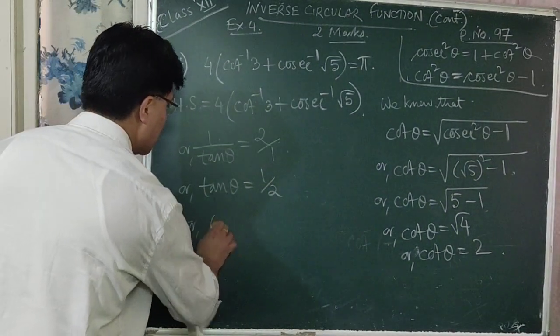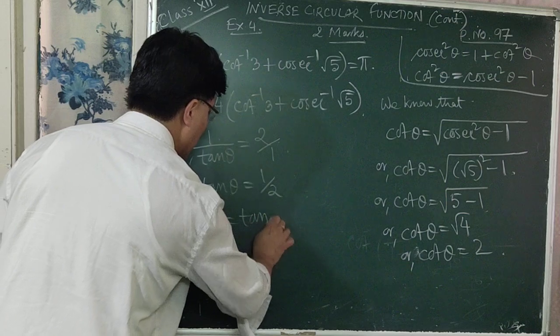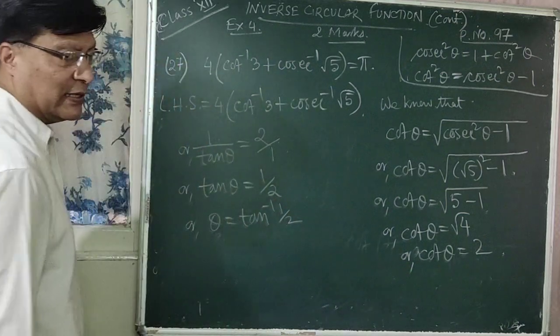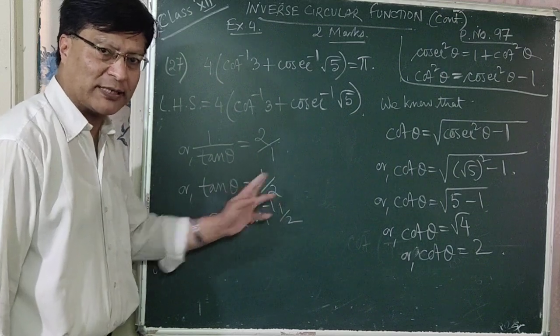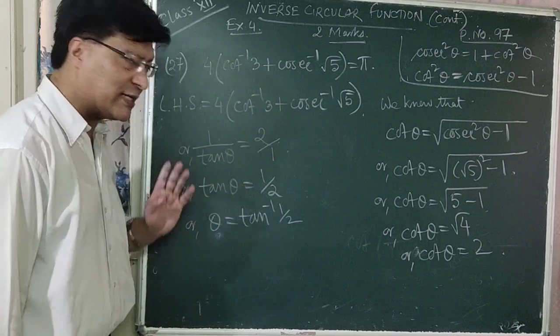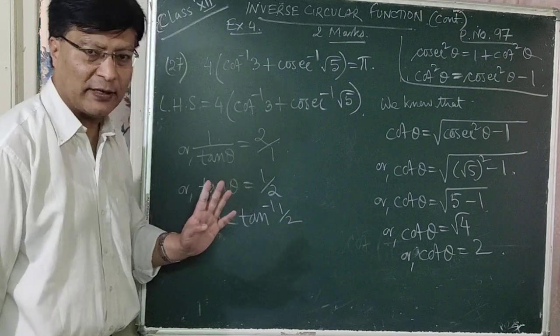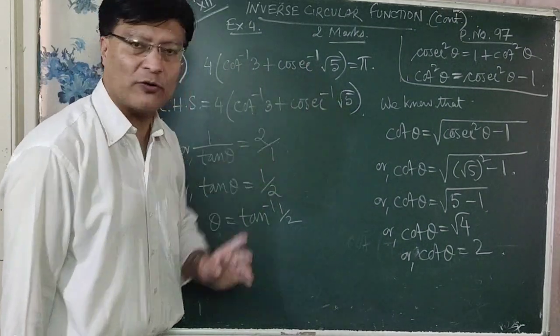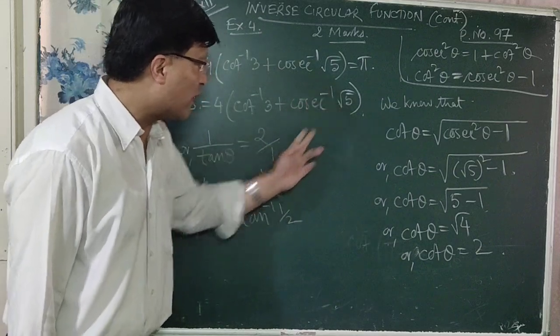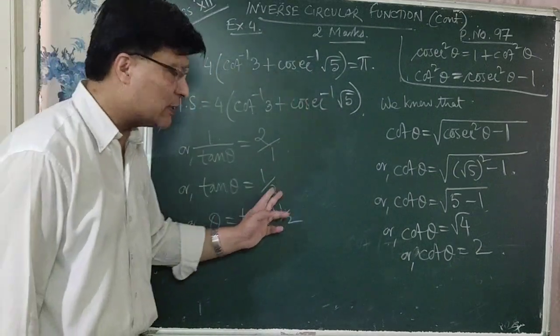Or, what is the value for theta now? Tan inverse half. When tan goes to the right hand side, it becomes tan inverse. Actually, we had assumed theta as cosec inverse root 5. That is, cosec inverse root 5 is equal to theta, and theta is equal to tan inverse half.